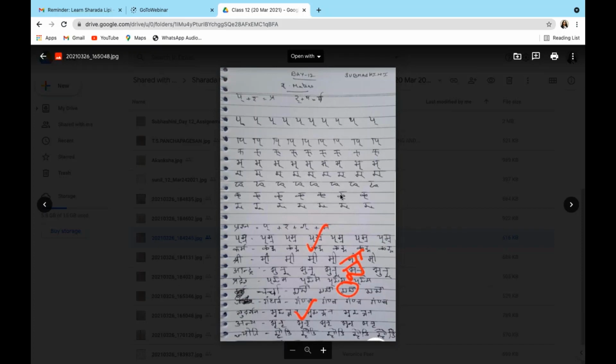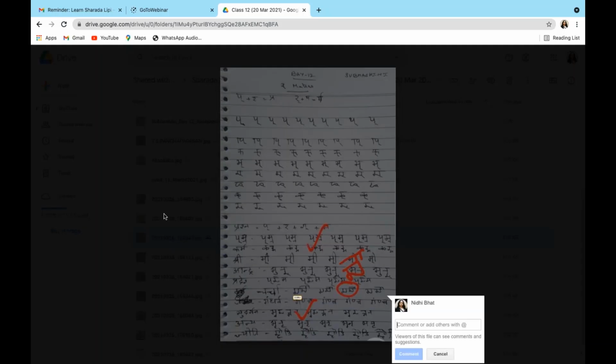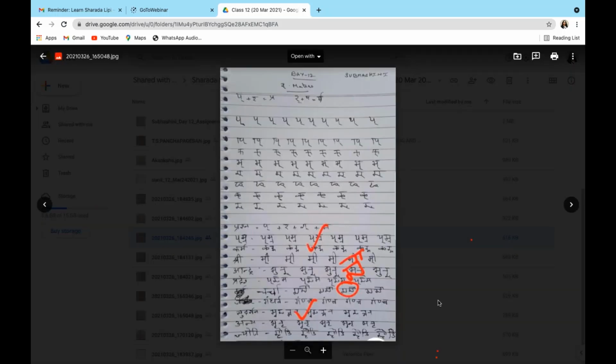This is Subhashini ji's homework. In case of charcha, okay, here wherever it is, while writing r and ch in this form, I'll just mark that you have to follow the height of the letter from the shirorekha.